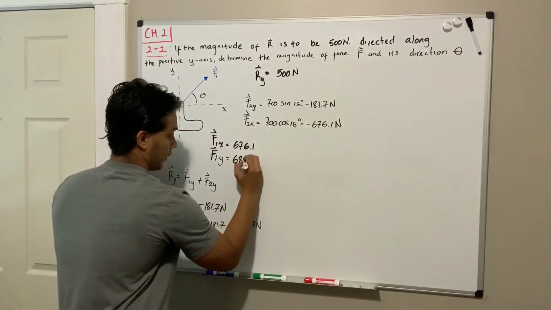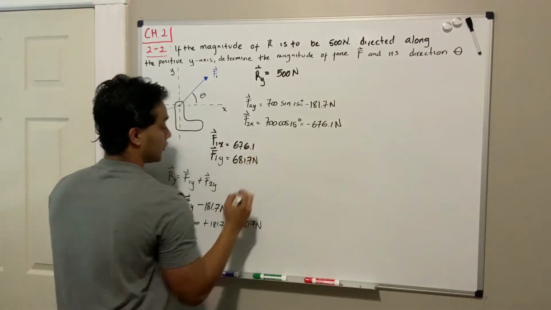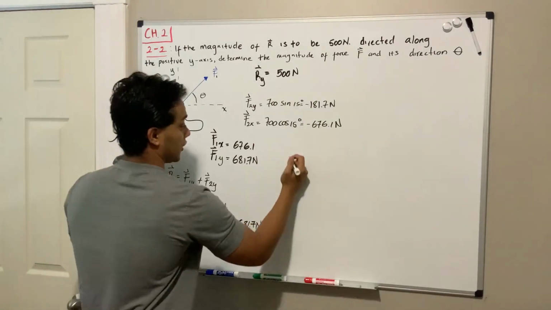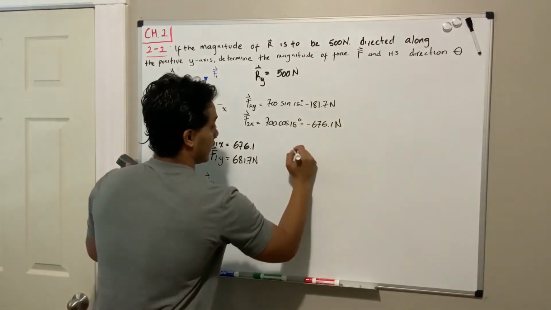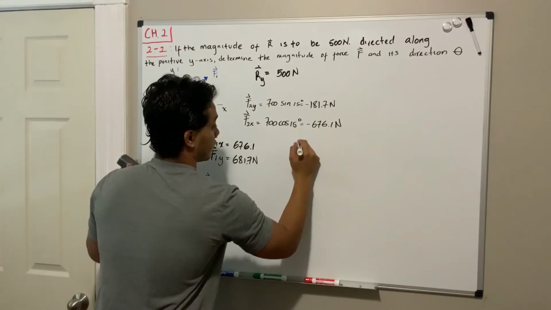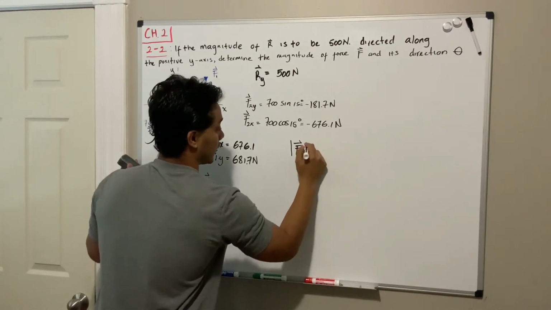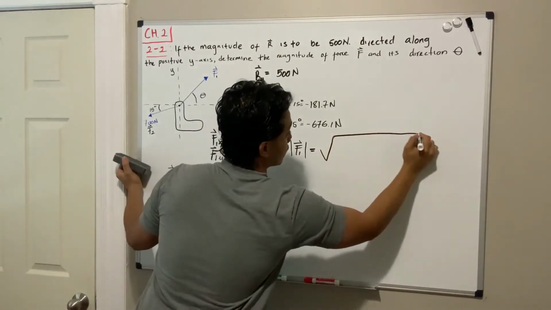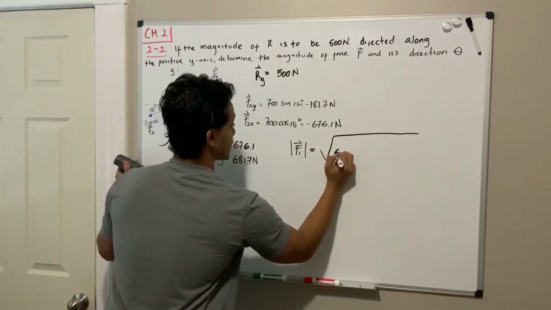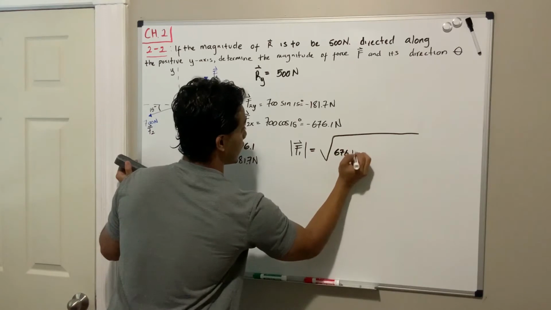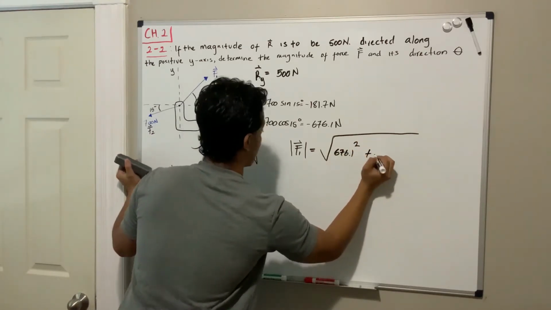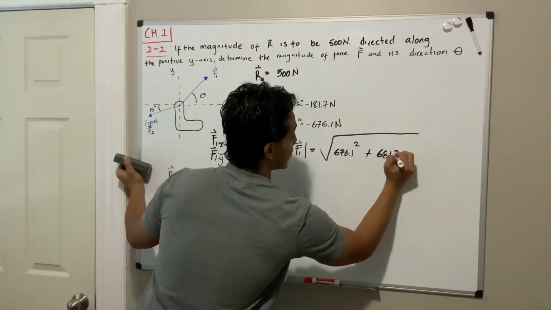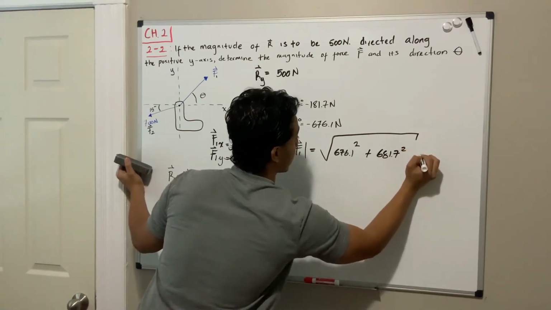In order to do the magnitude, we're gonna apply the Pythagorean theorem. The magnitude of force 1, the one that they're asking, is gonna be equal to the square root of 676.1 squared plus 681.7 squared.